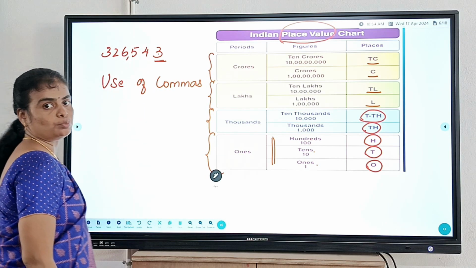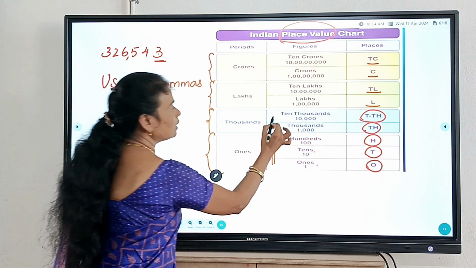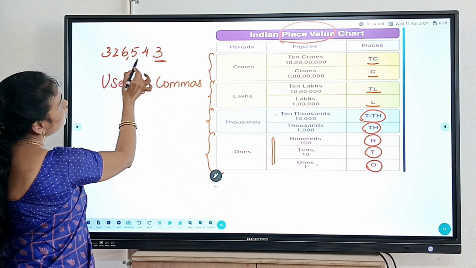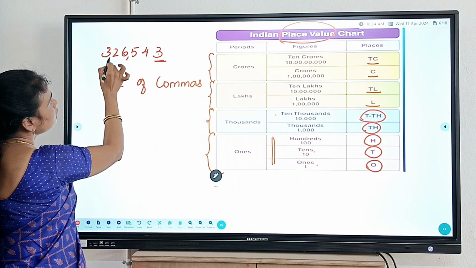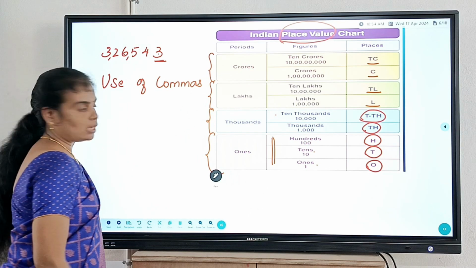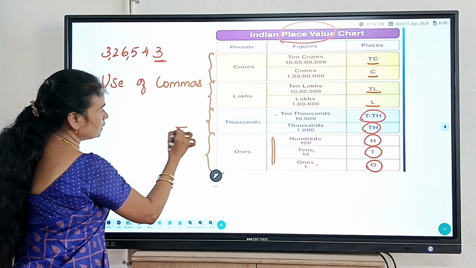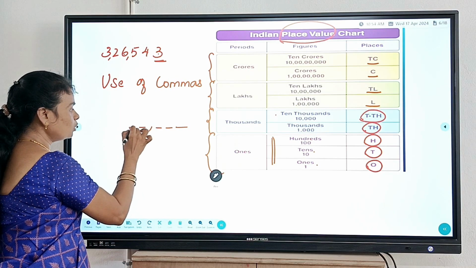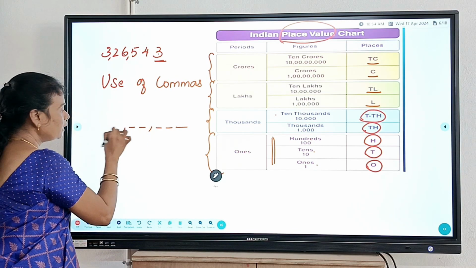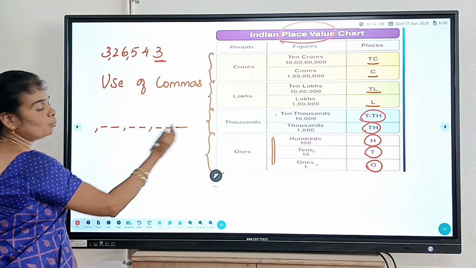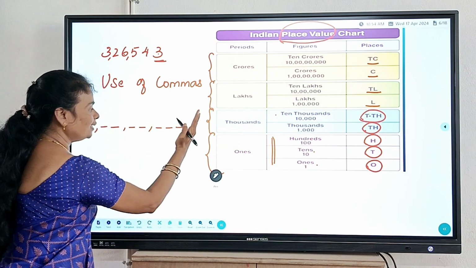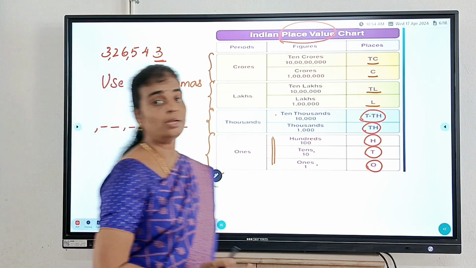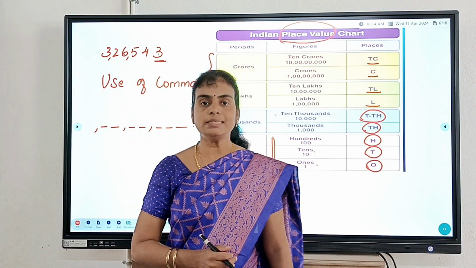Here one comma should be placed. Next come these two numbers, that is thousands and 10,000s. So after these two digits, you have to place a comma. So in the Indian system, the last three digits will form one group. The next two numbers will form another group. The next two numbers will form another group, and it goes on in the same way by putting the commas in the Indian system.